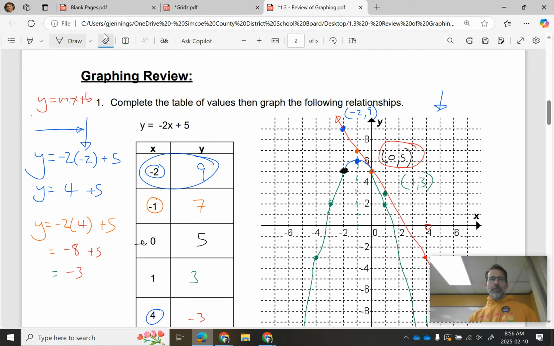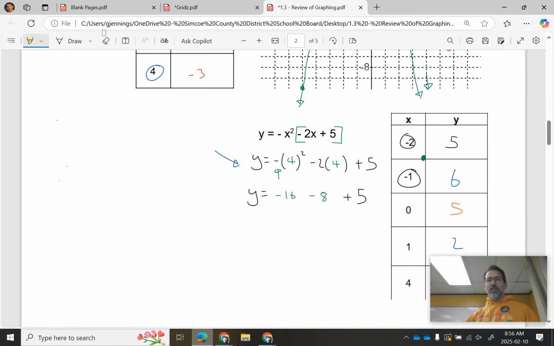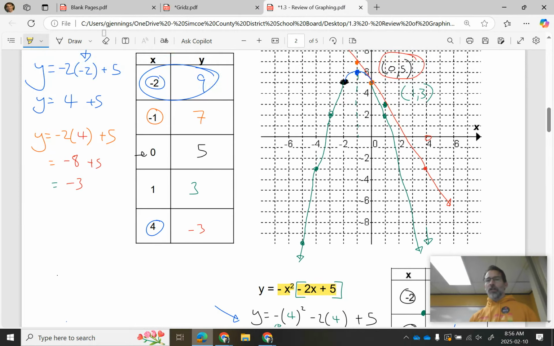See what I'm talking about? Here's -2x plus 5. We graphed it. It made a line. When we did negative x squared minus 2x plus 5, it's no longer a line. The presence of that x squared bends it away from the line negative 2x plus 5. See that there?